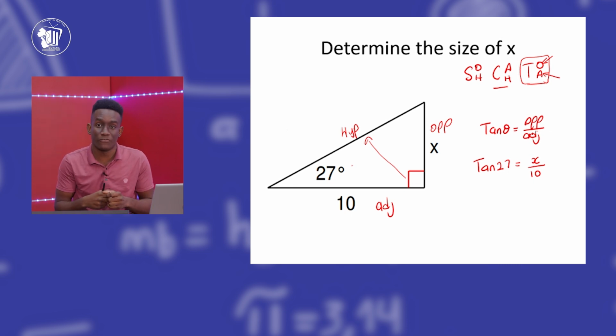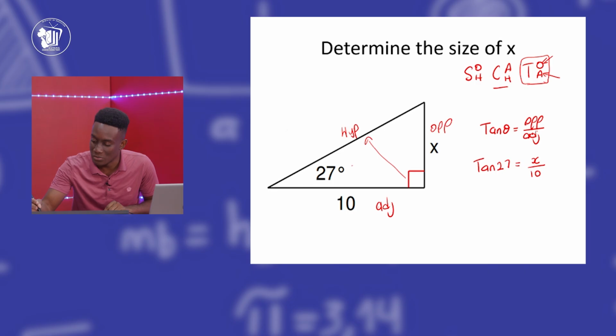In order to solve for x, all we need to do is get rid of this 10 that is dividing. When we take that 10 over the equal sign, it will do the opposite of what it was doing, which is to multiply. So we'll have 10 multiplied by tan 27, and that is equal to x.